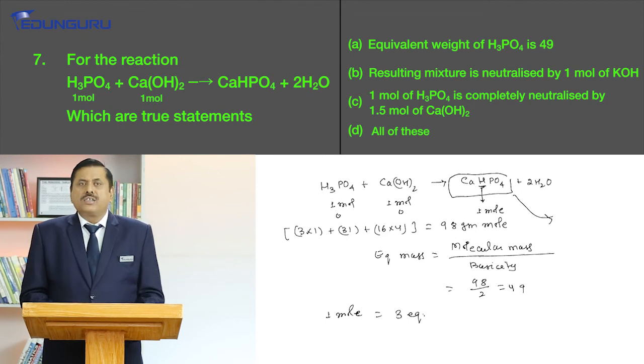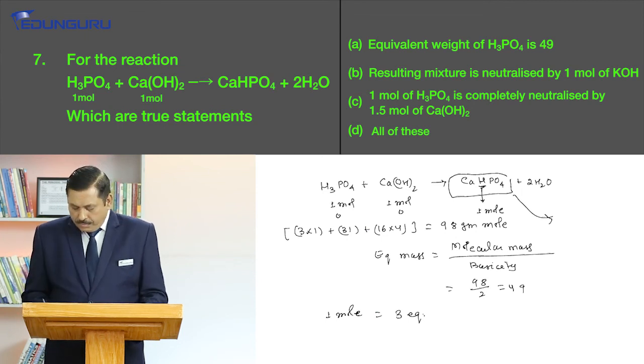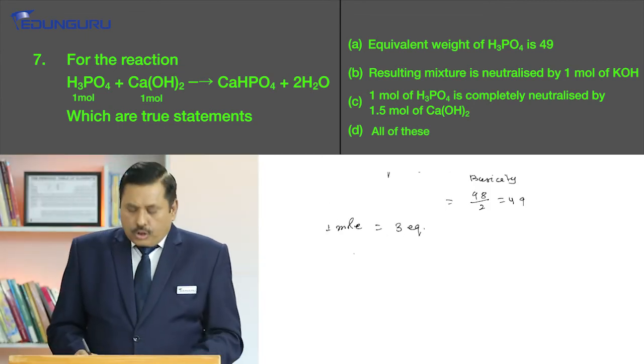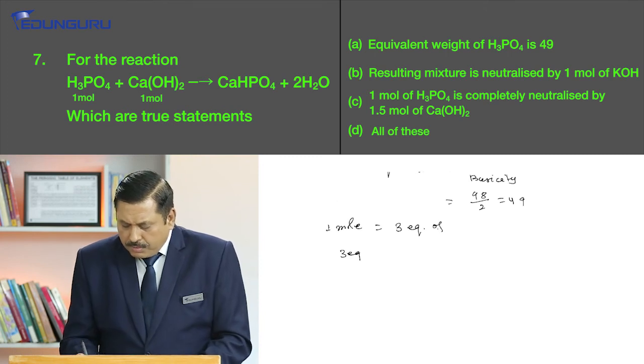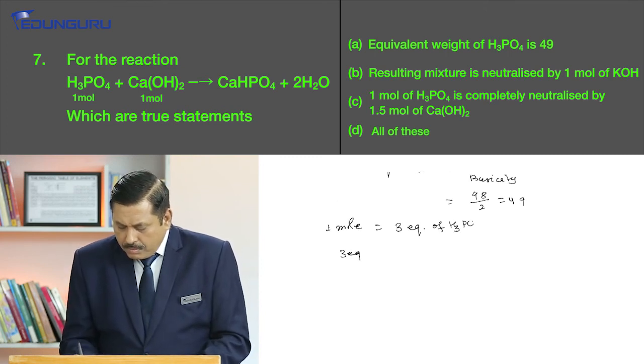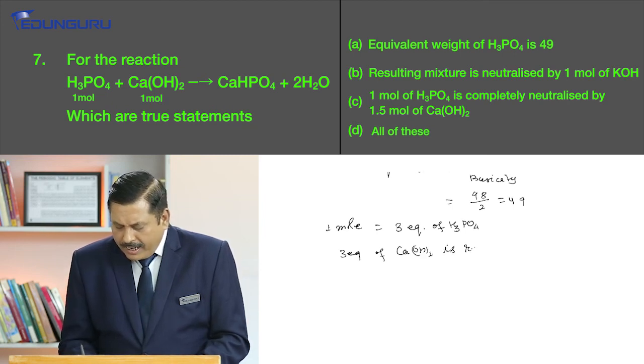So, 1 mole means 3 equivalents. So, 3 equivalents of calcium hydroxide is required.